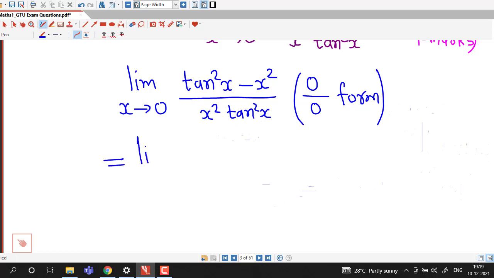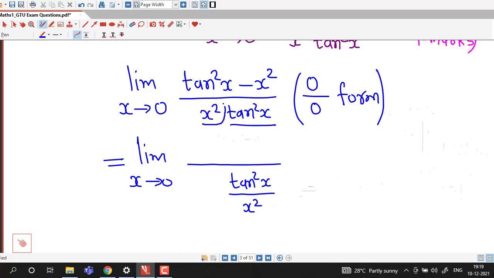To use that limit, here in the denominator we have tan square x. Because I have tan square x, I divide by x square, so I have to multiply by x square, and here we already have one x square. So this we can rewrite as x raised to 4 times tan square x by x square, and we keep the numerator as it is, tan square x minus x square.